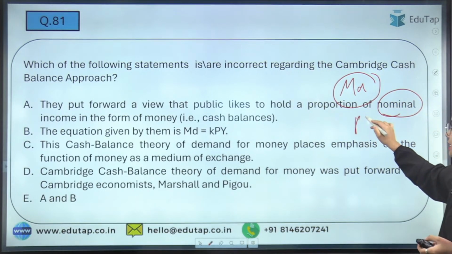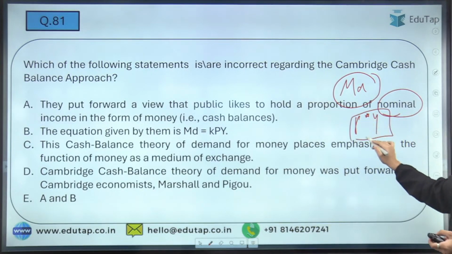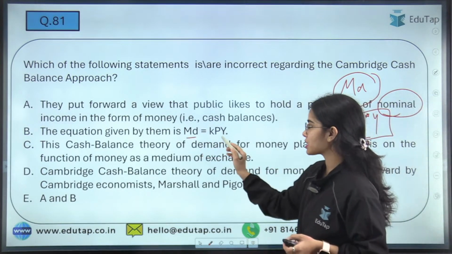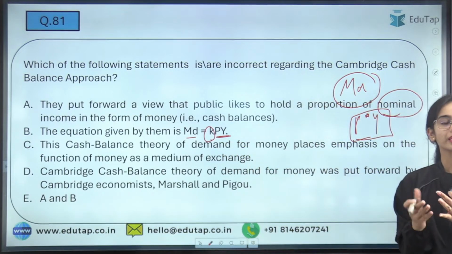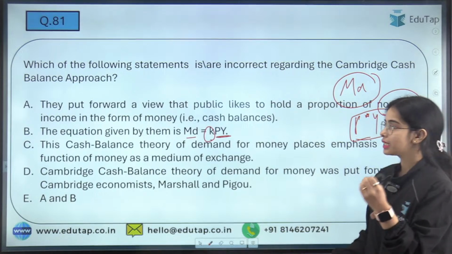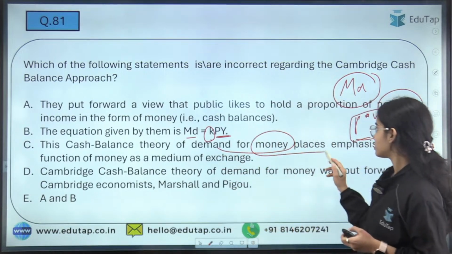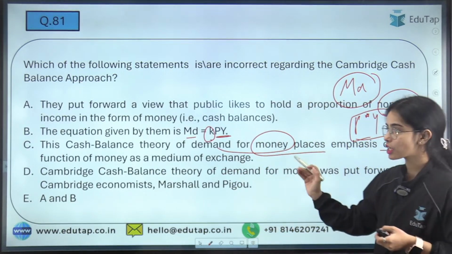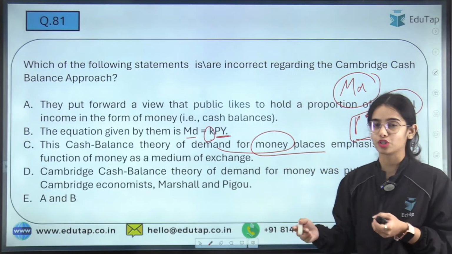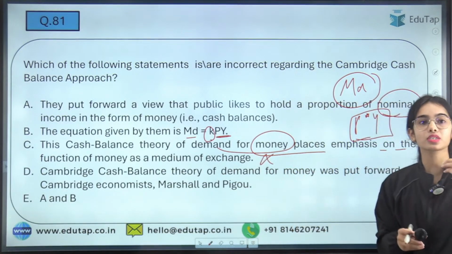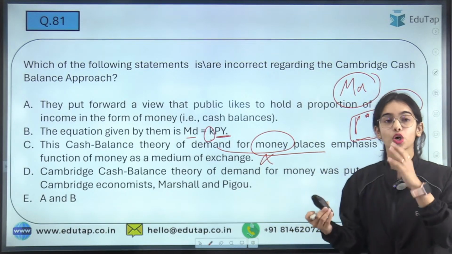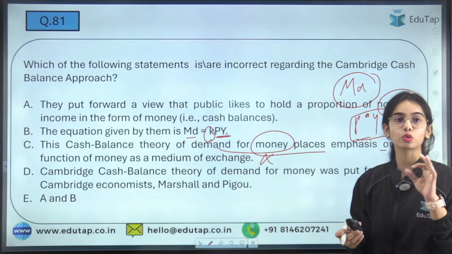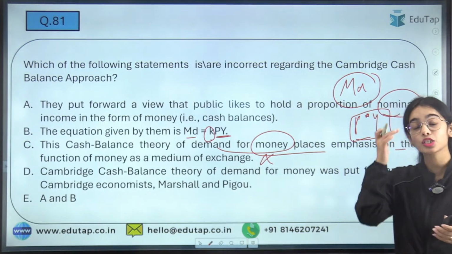Nominal income is your price level multiplied by real income. So the equation is that the demand for money depends upon your nominal income. K is the proportion of your nominal income that you hold as money demand. This cash balance theory places emphasis on the function of money as a medium of exchange. No, it was Fisher, the classical economists, who said that money is used as a medium of exchange, while the Cambridge cash balance approach says that money is used as a store of value.